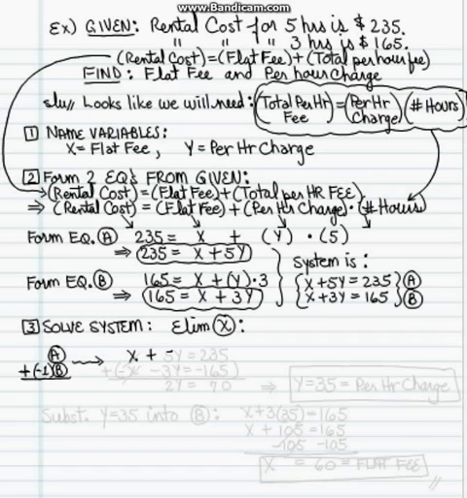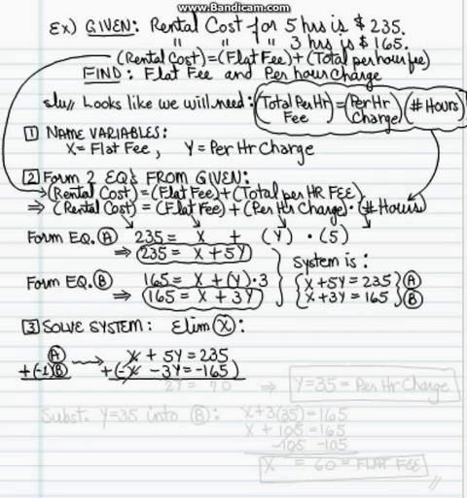So we have x plus 5y equals 235. That's equation A. Added to -1 multiplied on both sides of equation B, that's negative x minus 3y equals negative 165. Add these together, the x's cancel.